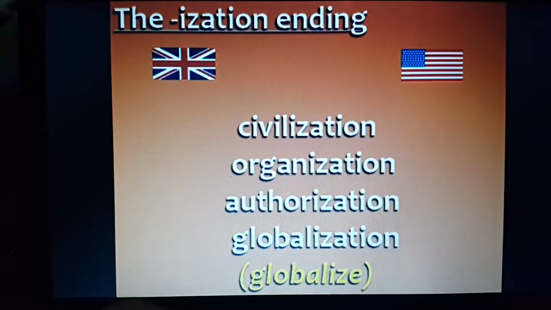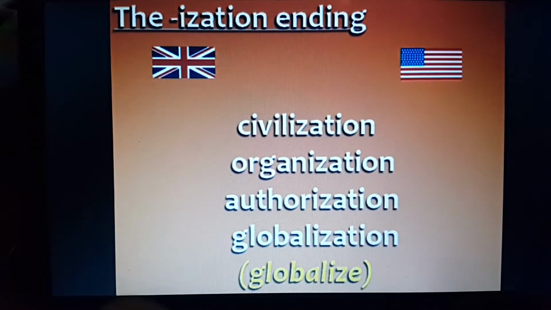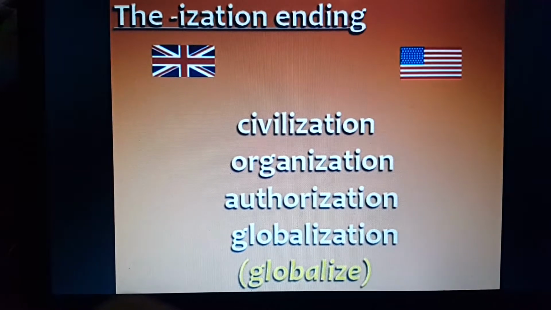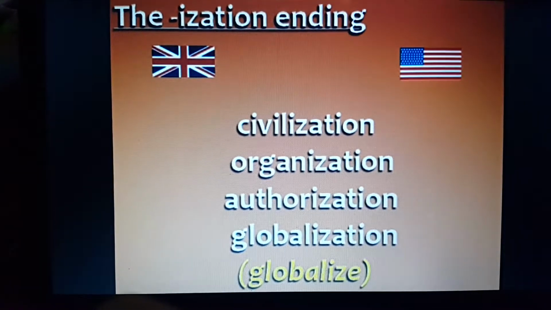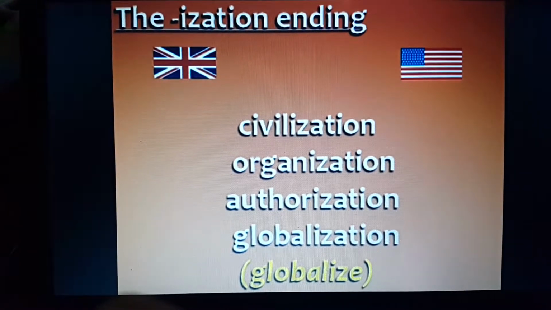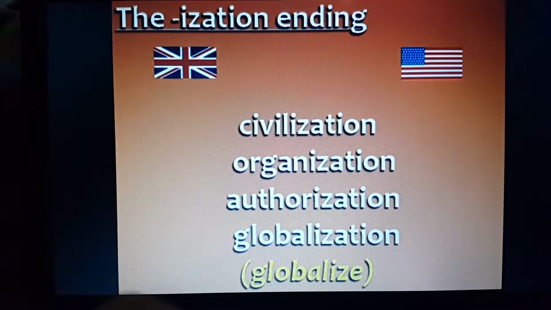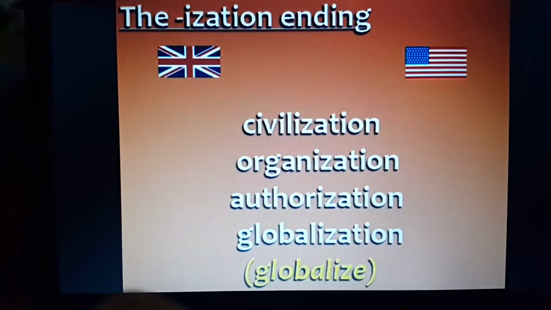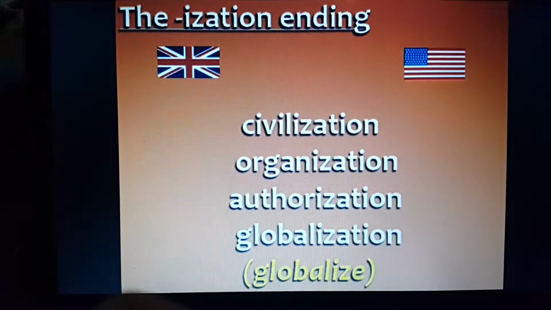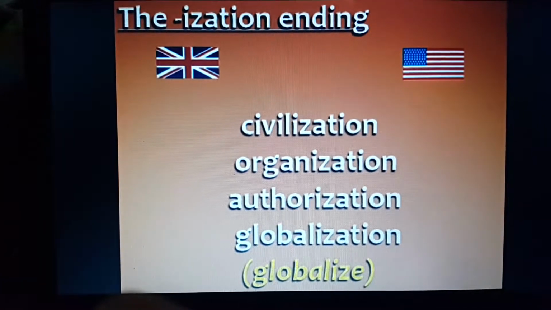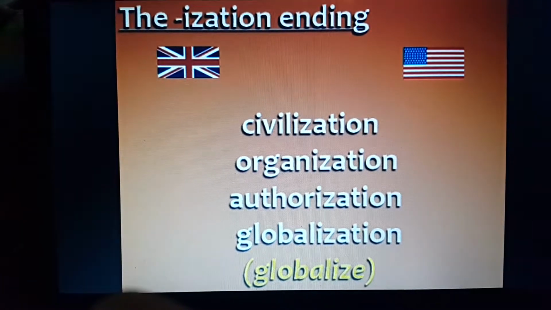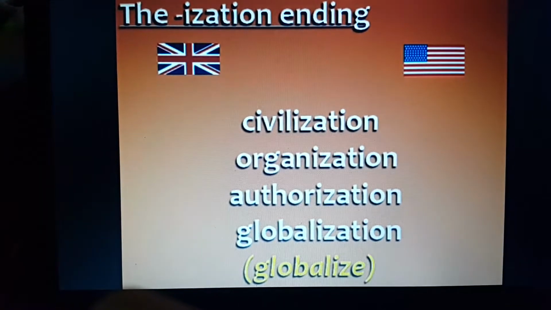The verb form of all these words ends in eyes. In both British and American English, it's pronounced globalize. But British English continues this same pronunciation in the noun form, globalization. And American English changes the sound of the letter I, globalization.